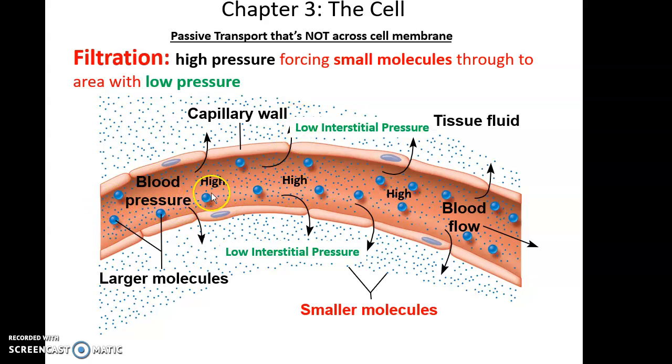So blood pressure in blood capillaries forces small things, fluids, electrolytes to leave the bloodstream. Because of the pressure, the blood pressure is much greater than the fluid pressure, the interstitial pressure outside. So it's acting as a filtration mechanism. Small things leave the bloodstream, big things like cells and proteins stay in the bloodstream. That is it for this part of the lecture.